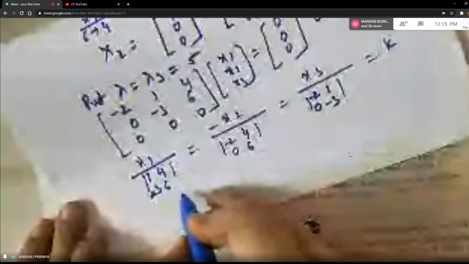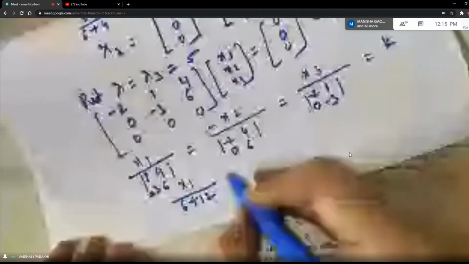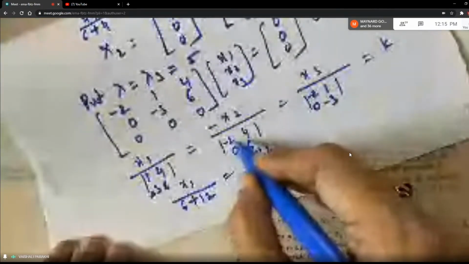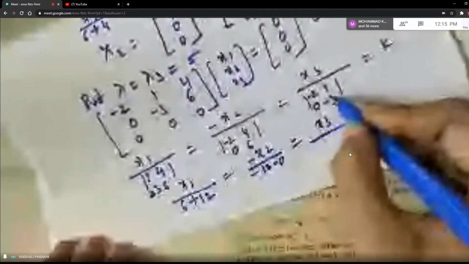So this is x1 divided by, what is this? 6 minus minus plus 12, right? It is equal to minus x2 divided by 12 minus 0, x3 divided by 6 minus 0 is equal to k. Right?